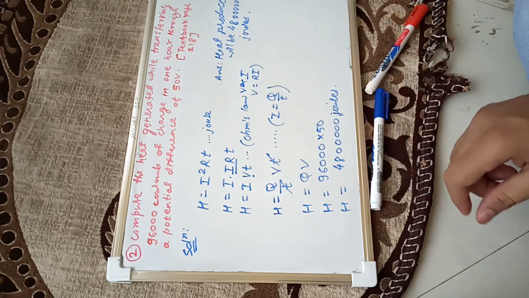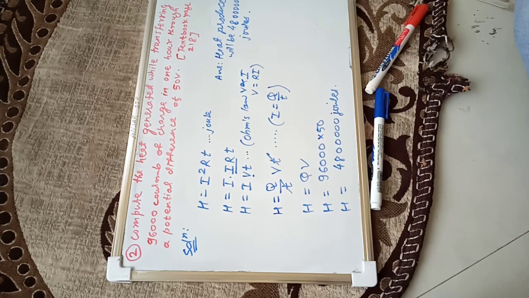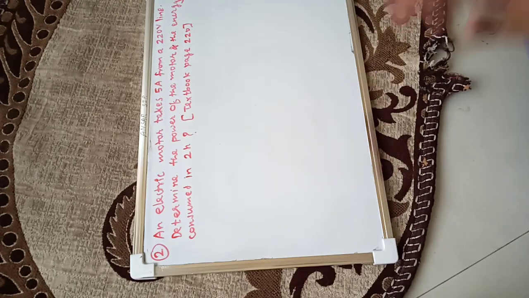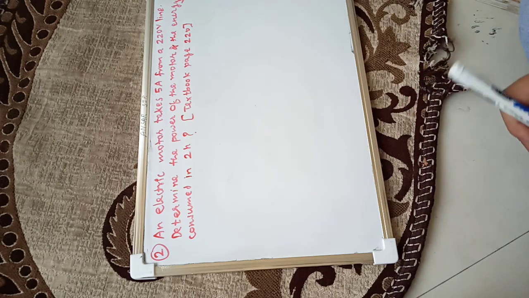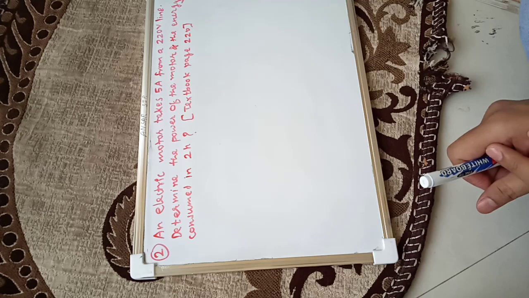Understood? So that was our solution of question number 2 on page 218 of our CBSE textbook. See students, this is the next question given on page number 220 of our CBSE textbook.